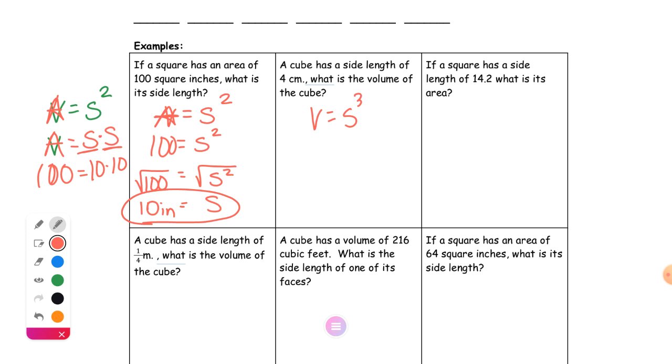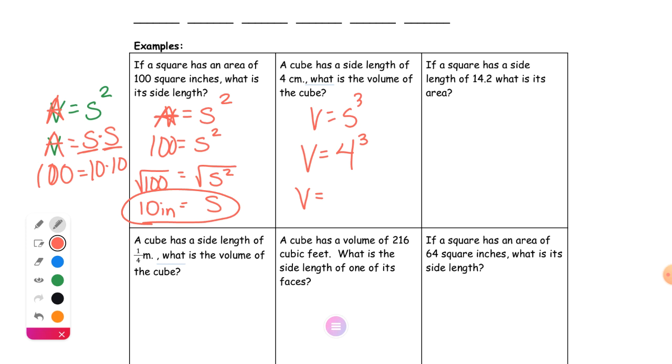Rewrite formula. Substitute in what we know. What do we know, Dayton? Yeah, so I'm going to write V equals 4, and that cube doesn't go away. If you memorize your perfect cubes, you'll get better at these.